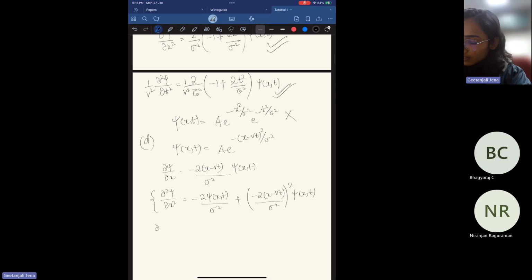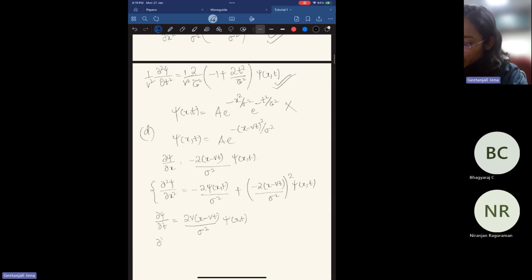Now if you take the RHS part, that is dou square psi by dou t square. Let us see the first order derivative, which is dou psi by dou t. This will come out as 2v x minus vt by sigma square psi of x,t.